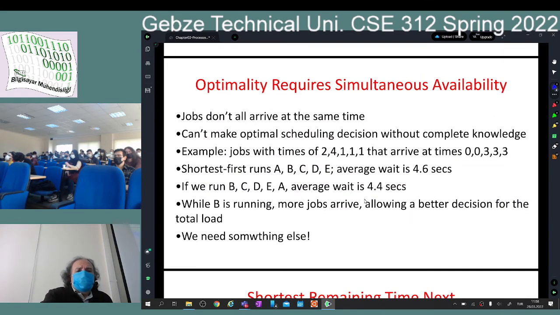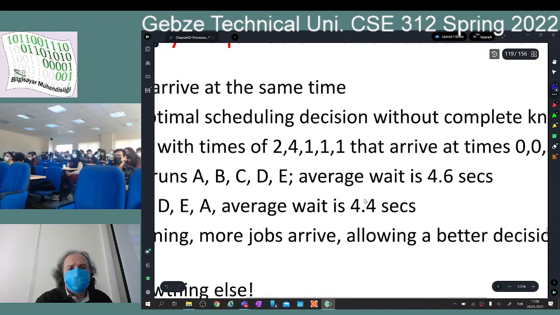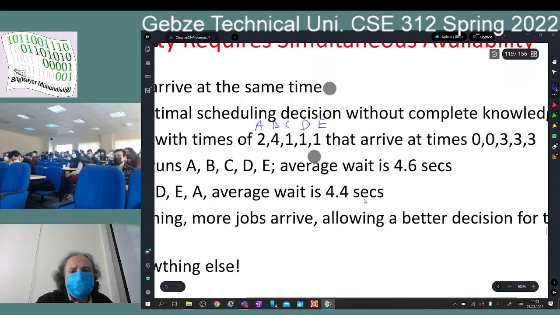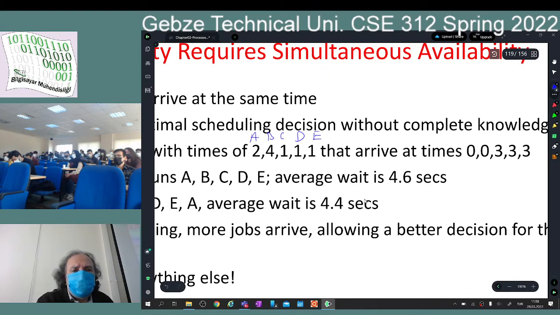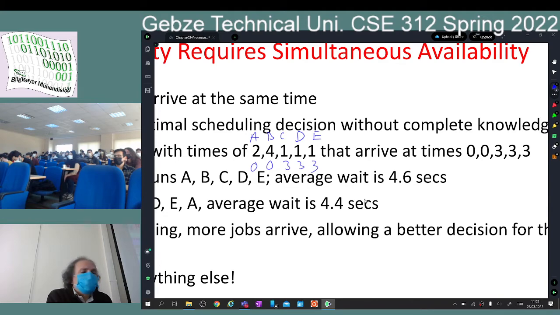Let's say I have A, B, C, D, and E. But I know that A and B came at time 0. This one, and this one, okay, came at time 1.